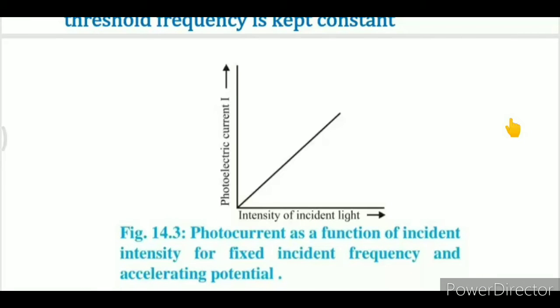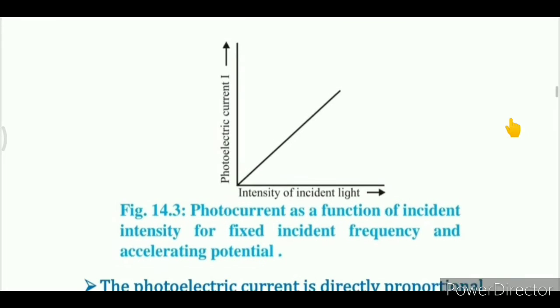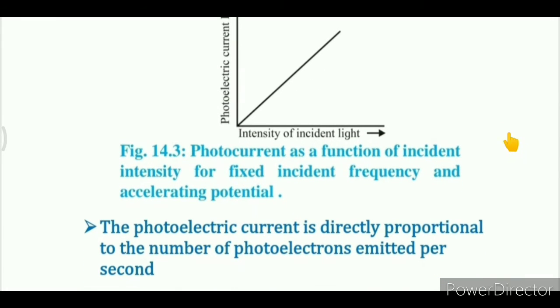So we can say that the photoelectric current is directly proportional to the number of photoelectrons emitted per second. Don't get confused. Here, the number of photoelectrons emitted per second is nothing but the photoelectric current.